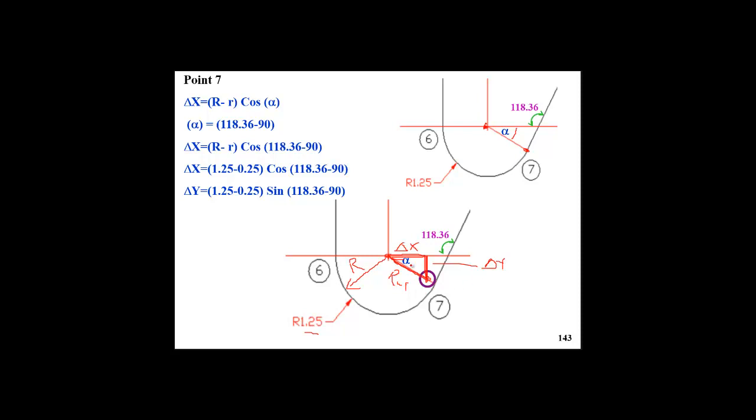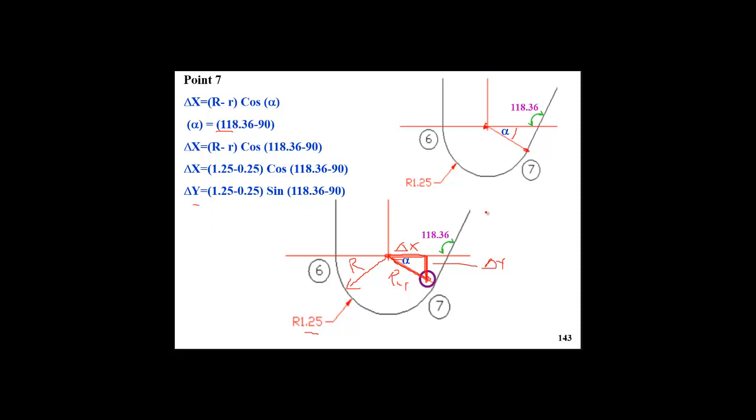So if we know alpha, that angle, and we know that chord, which is R capital minus r small, then R capital minus r small times cosine alpha, assuming we know alpha, will give us dx. And again dy, which is that one, will be R minus r sine alpha, so we are able to get dx and dy.